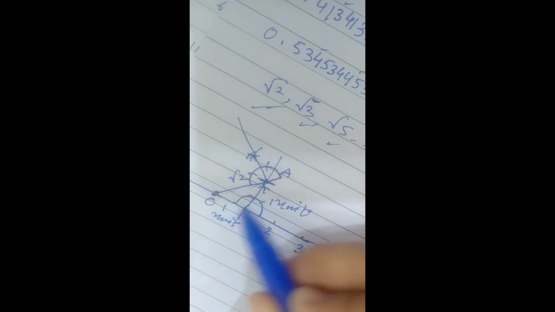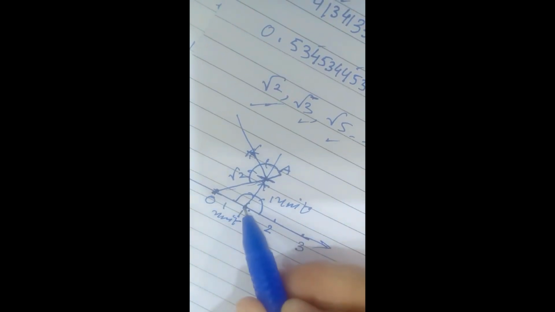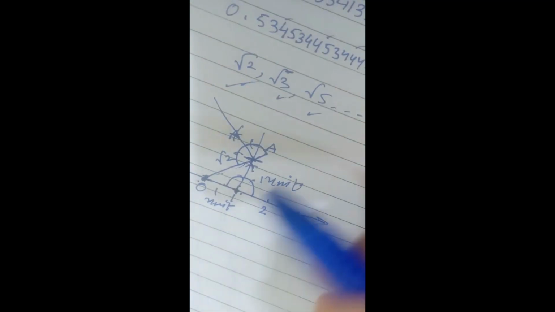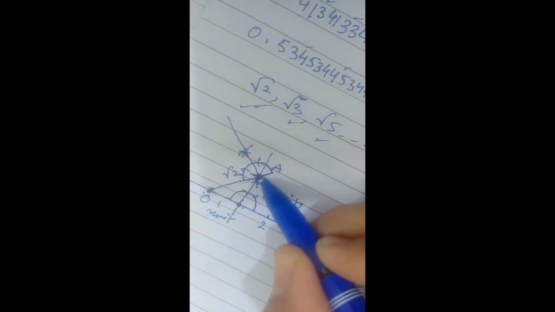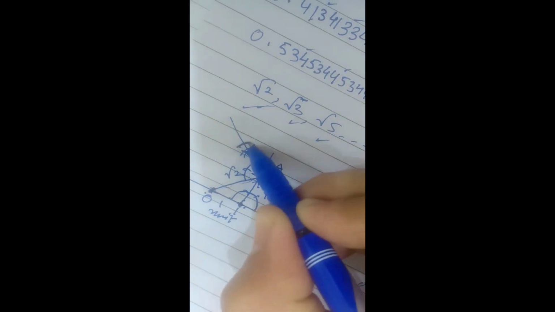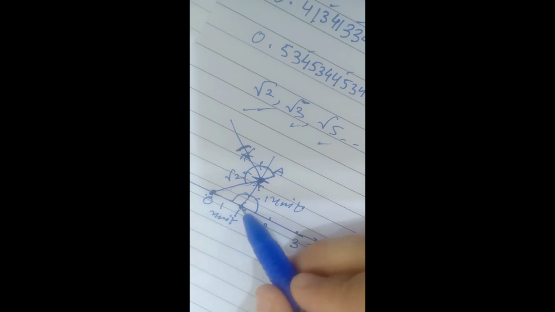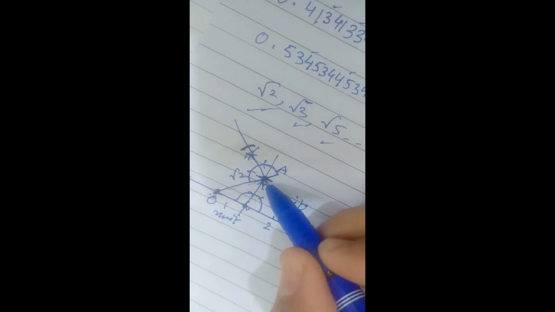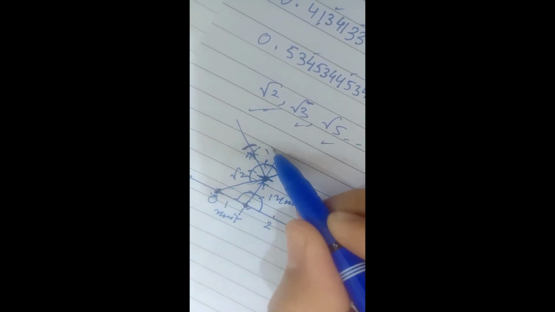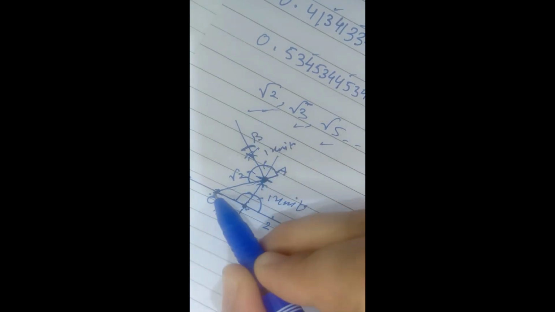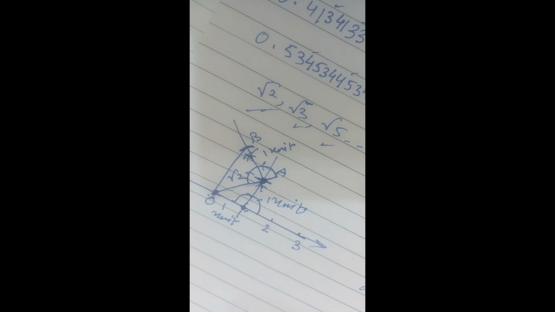Now here again, from here to here you will open the compass. That means you are measuring 1 unit, fixing your compass here, then marking an arc. Actually what we did, we measured the distance of 1 unit and we fixed here and marked the arc. So this one is 1 unit. Name that point as B and then join it.